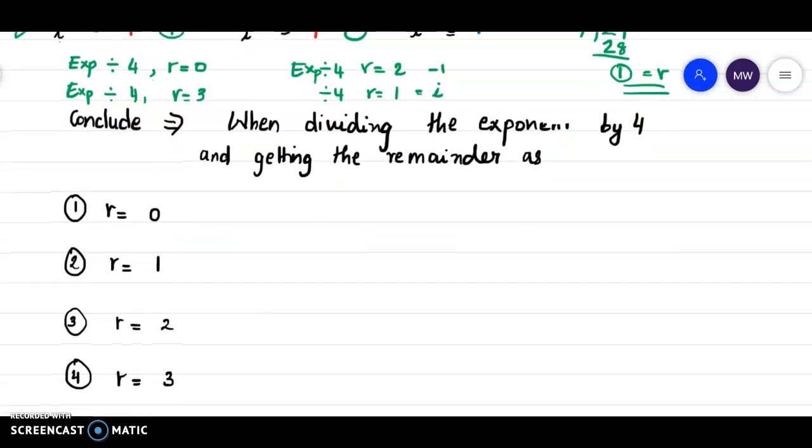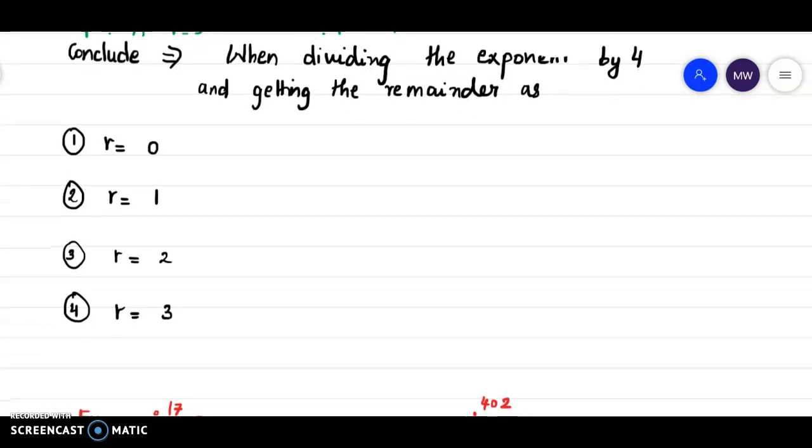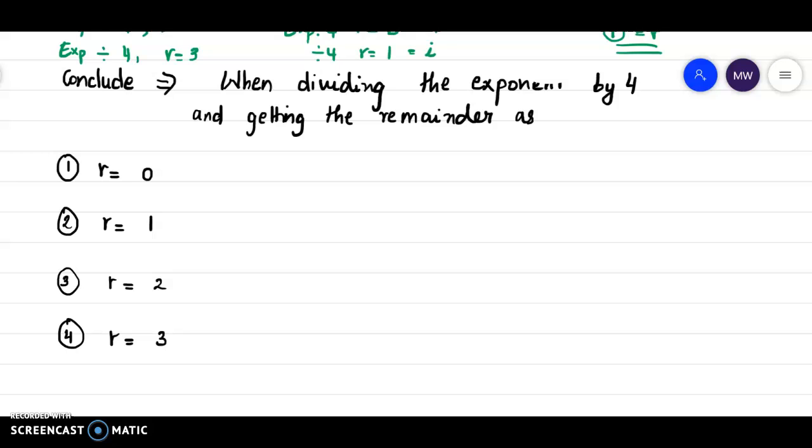So let's just talk about the conclusion part here. When dividing the exponent by 4 and getting the remainder 0, then your answer for I to any such power is 1.